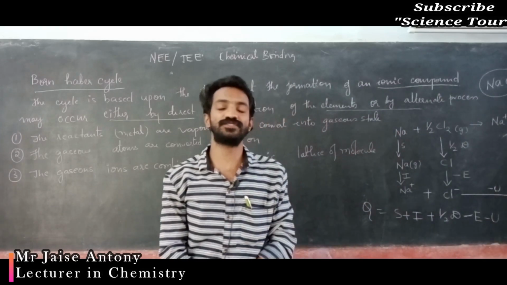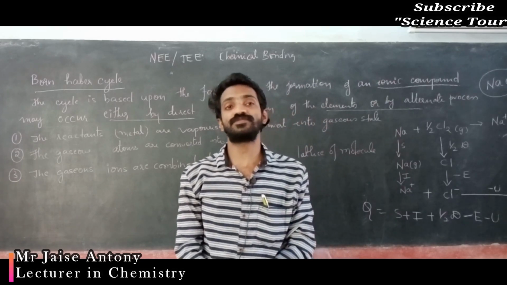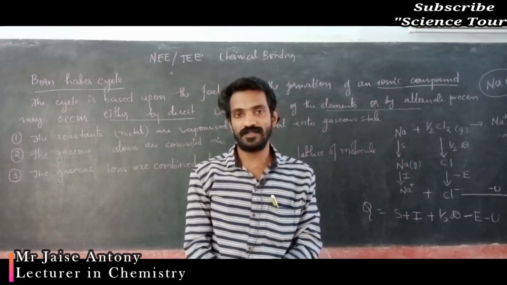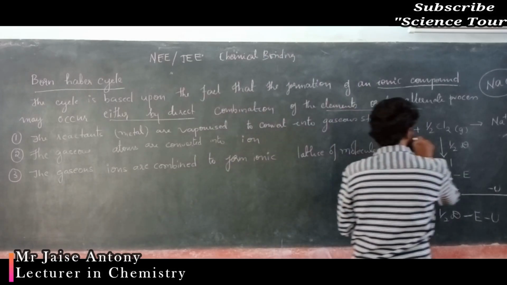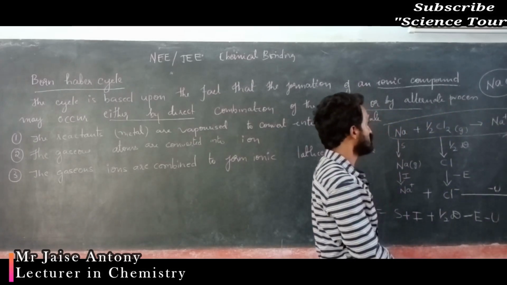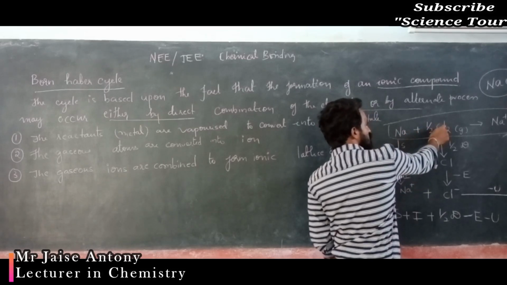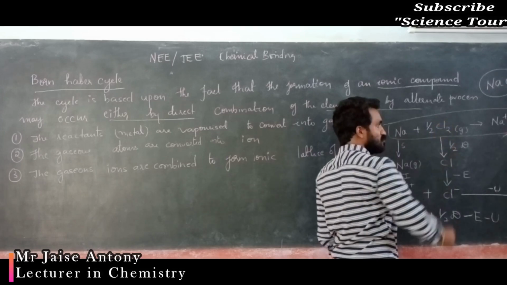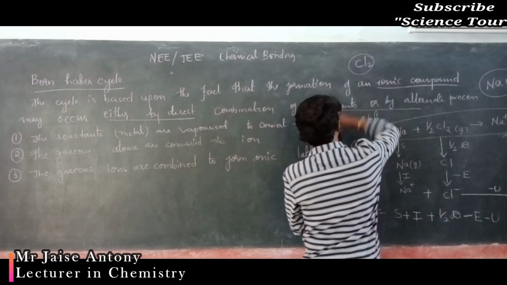If I want to prepare sodium chloride crystal, sodium should combine with chlorine, correct? If I write a direct equation, the combination is this: 1 atom of sodium combined with a chlorine atom. So why did I write half Cl2? Cl2 is actually a chlorine molecule, understood?